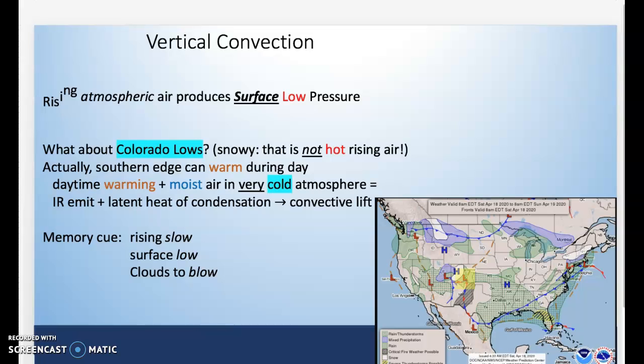And that daytime warming on that southern side and the moist air in the very cold atmosphere results in infrared emissions, especially overnight, and latent heat of condensation and convective lift. So there is a low there, and there is rising air there that is warmer than the atmosphere. Think of it in terms of this memory cue. Rising slow, surface low, clouds to blow. That's happening here as well.